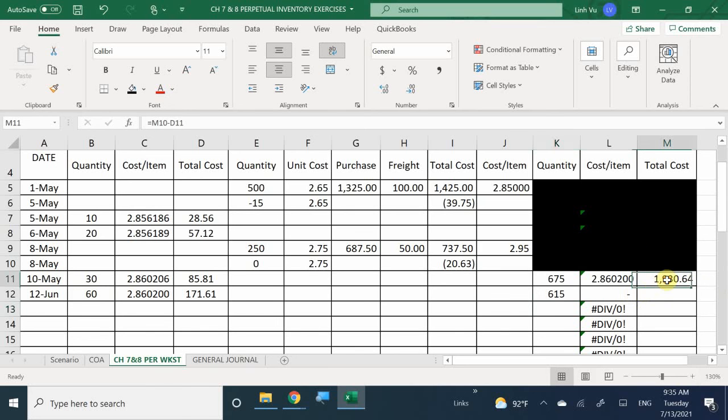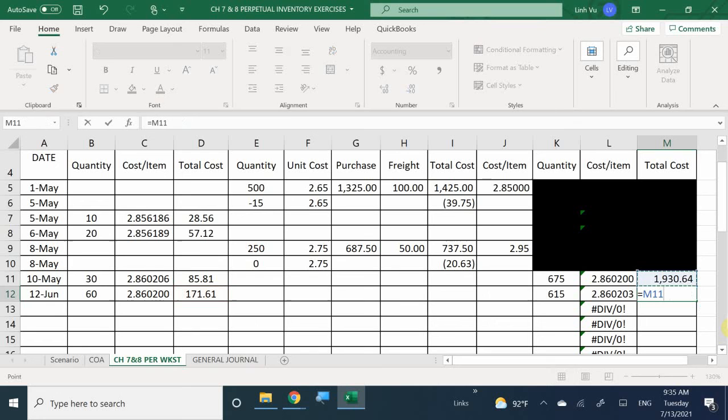Okay, and what's my new total cost? 1759.03.